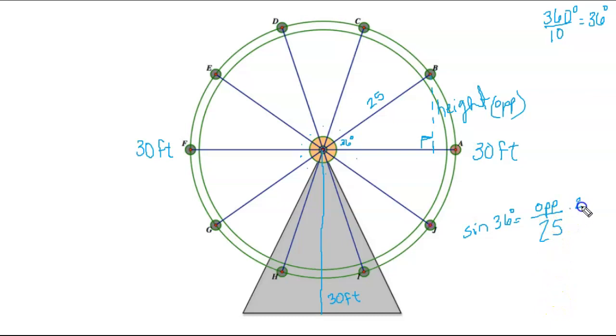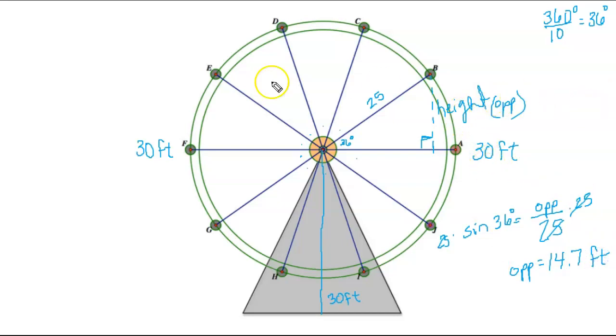I just need to multiply both sides by 25. So 25 times the sine of 36. When I type that in my calculator, I just want to make sure it's on degrees and not radians. And I get that this opposite side is about 14.7 feet.